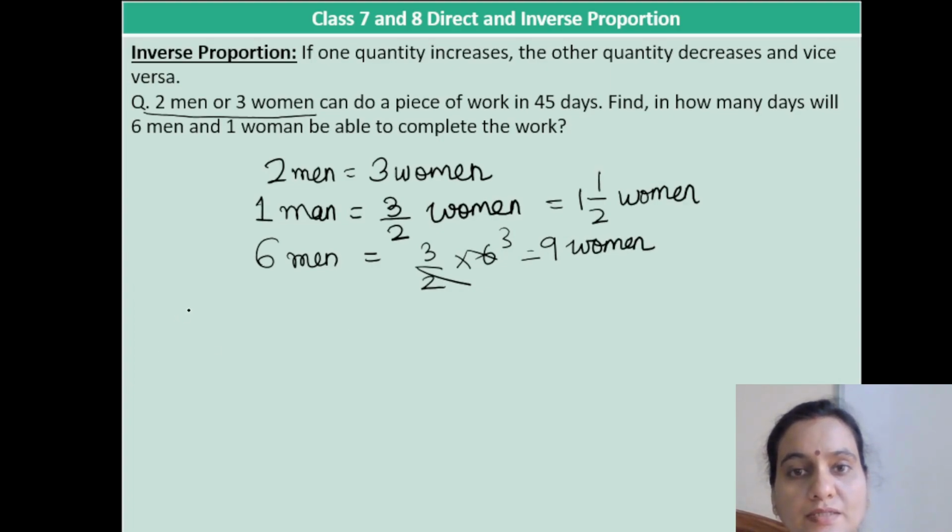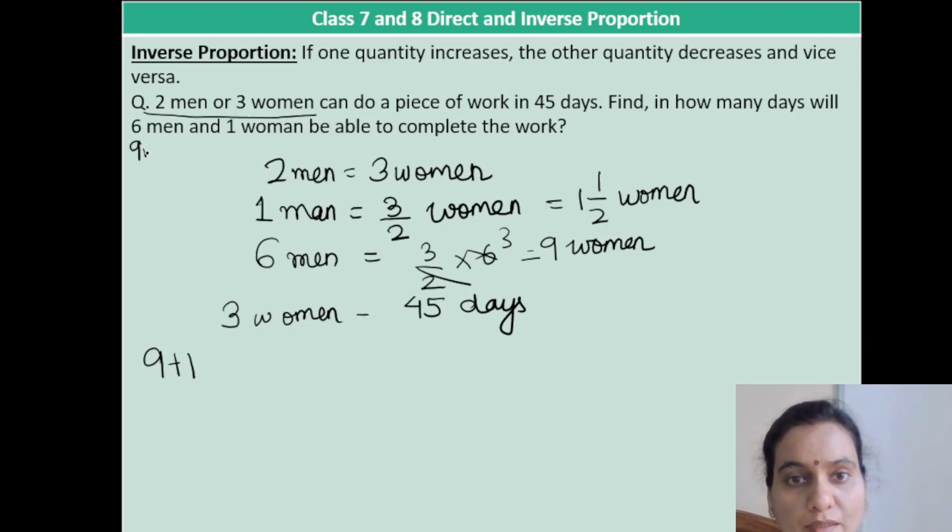So what is the question saying? 3 women can do a piece of work in 45 days. So how much work can 6 men and 1 woman do? So 6 men we found is 9 women. So 9 women plus 1 woman, right?